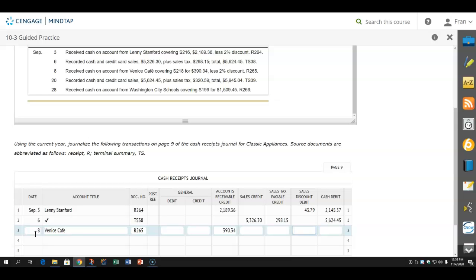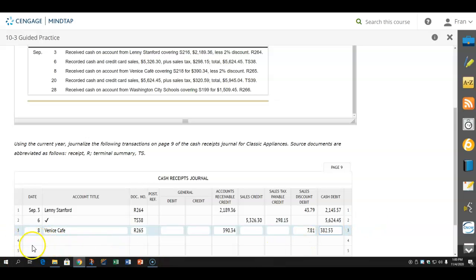And again, I get something with like 4 digits after the decimal, 7.8068. Okay, so to round it to the nearest penny, that would be $7.81. Okay, so we've got $390.34. We subtract the discount of $7.81. And so the cash we collected was $382.53.